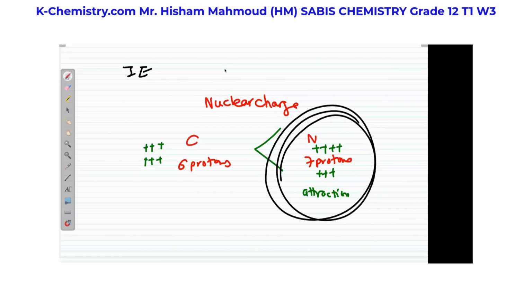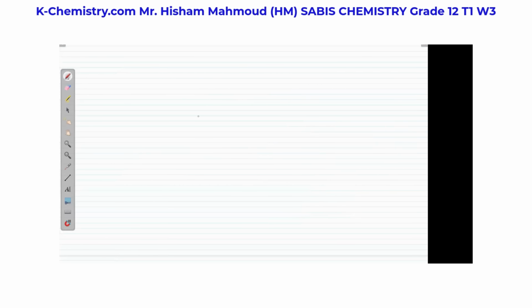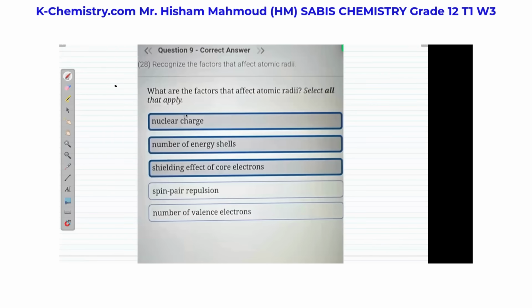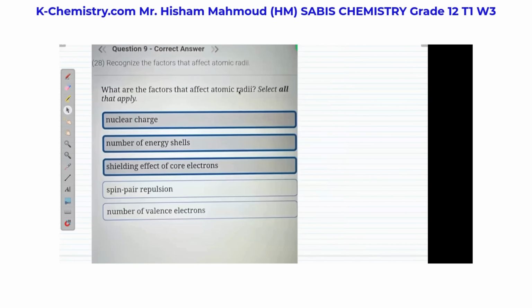So question number 9 is asking, what are the factors that affect the atomic radius? Guess what? They are the same factors. The factors that affect the ionization energy are the same as the factors that affect the atomic radius.